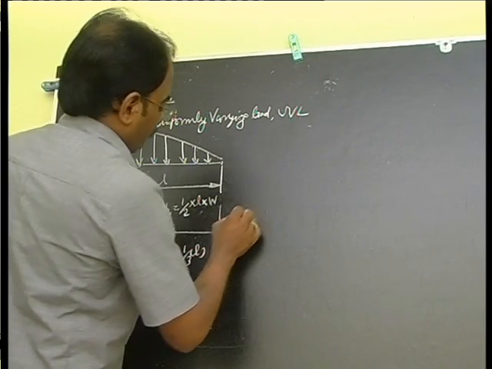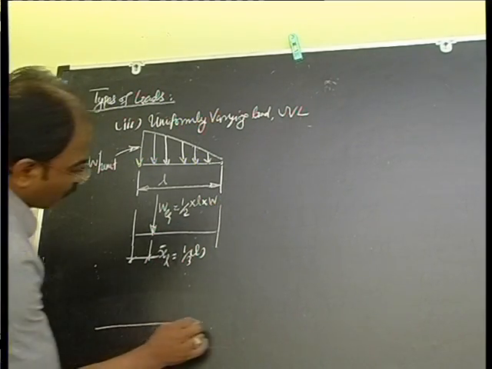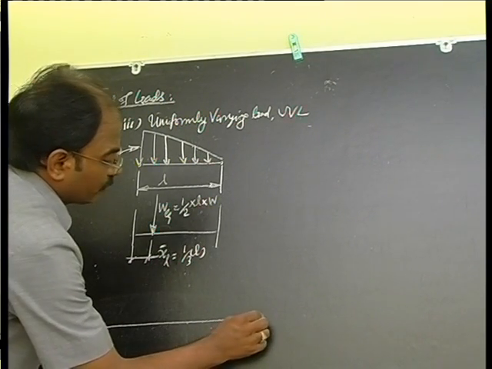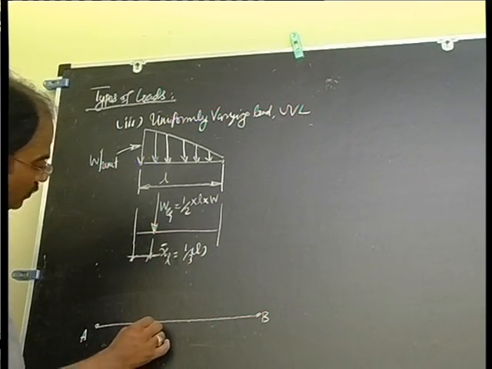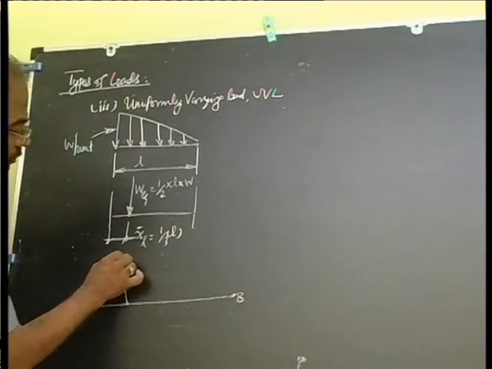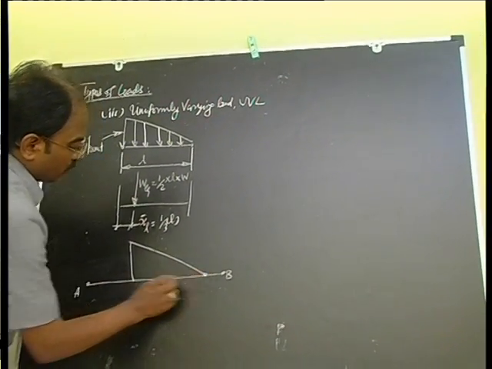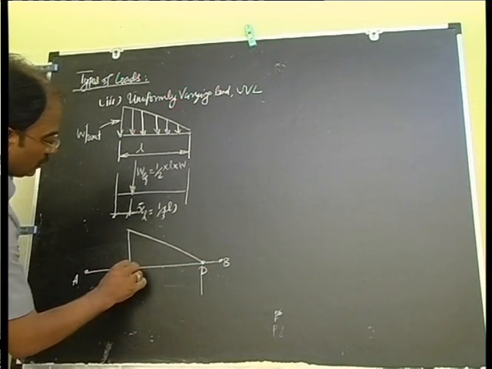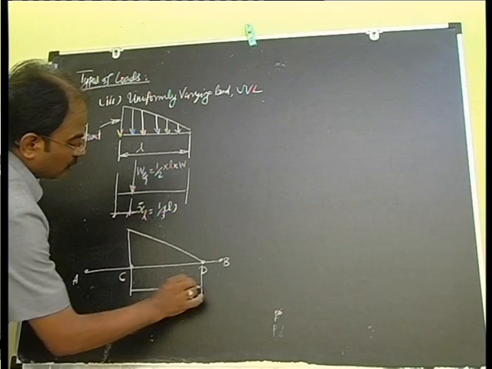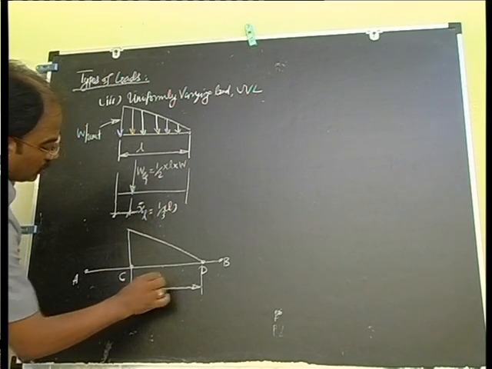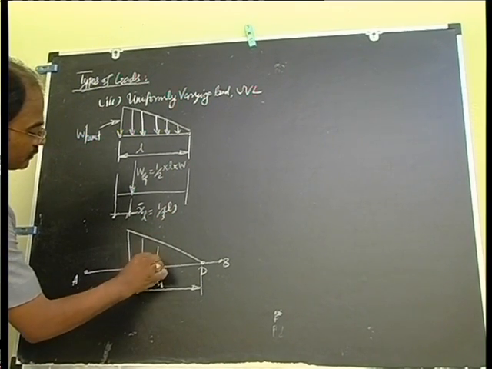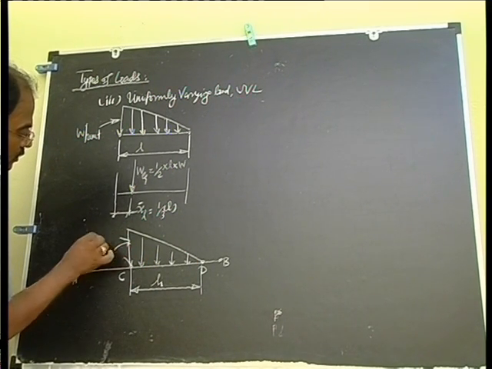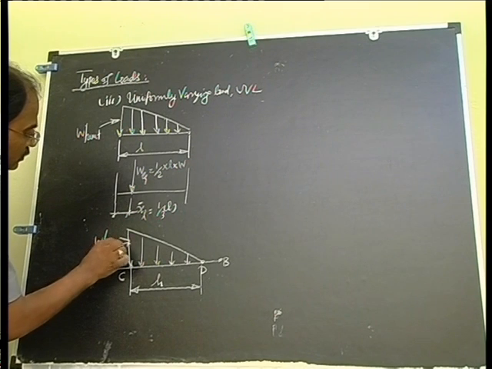It can be the other way. Let us say we have A and B. The uniformly varying load may be acting somewhere here between C and D. So C and D is having a length of L1. This equivalent has to be obtained. This is W per unit length.